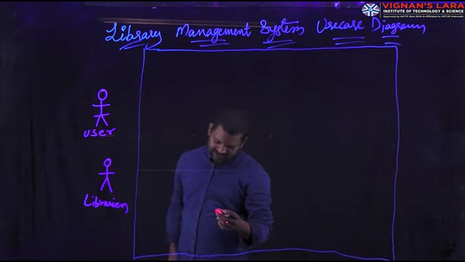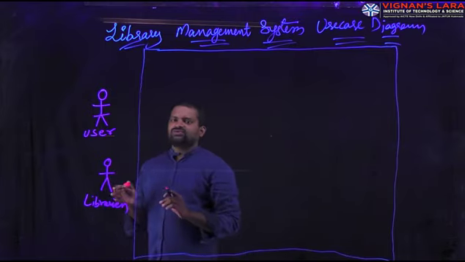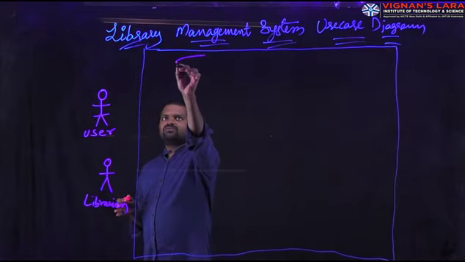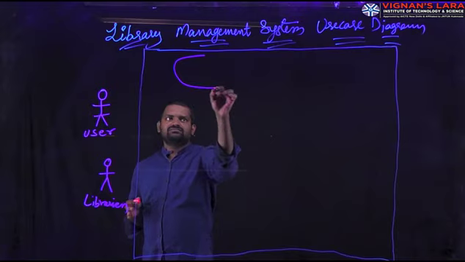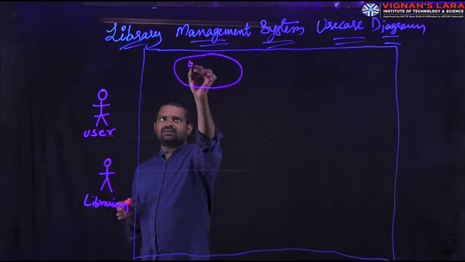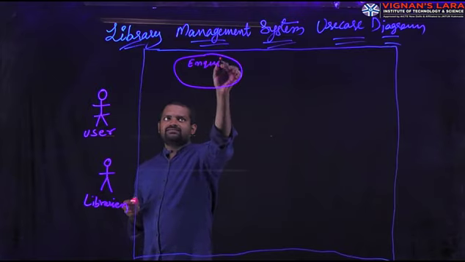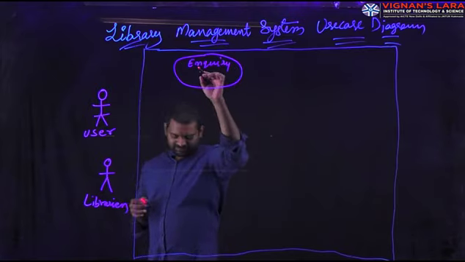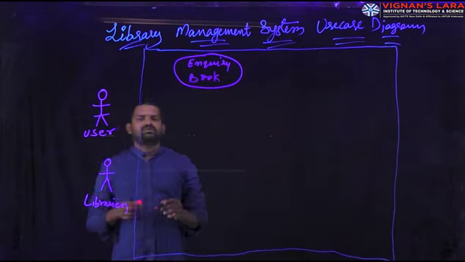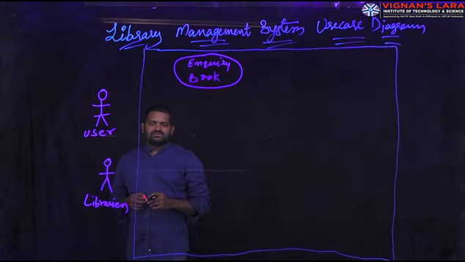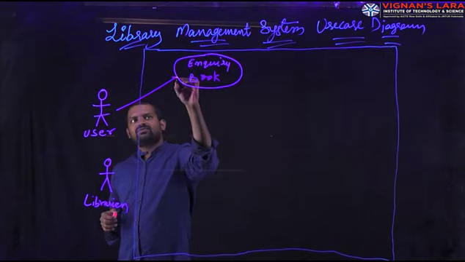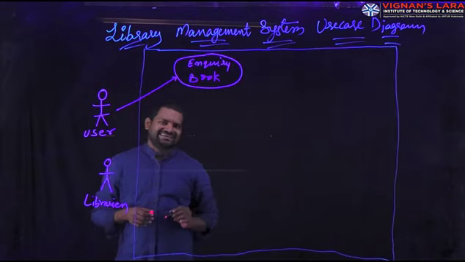In this system, the user or the member first inquires about the book. So you connect the user to the use case inquiry about the book.